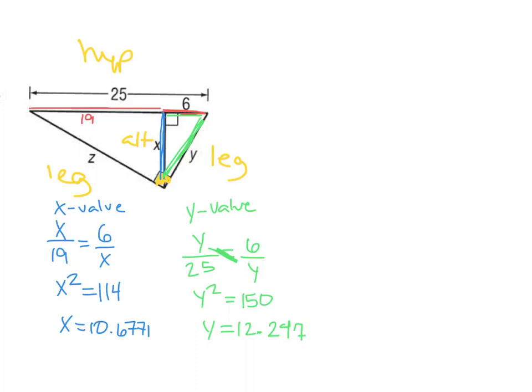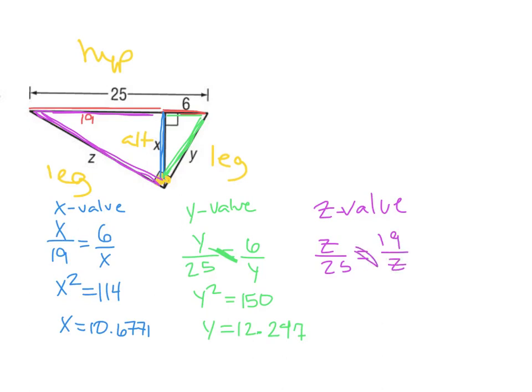This next part, we're going to find the z value. So we see the z value is another leg. So once again, we're going to use the leg theorem. It states the leg over the hypotenuse equals the adjacent part, which is 19, over the leg.